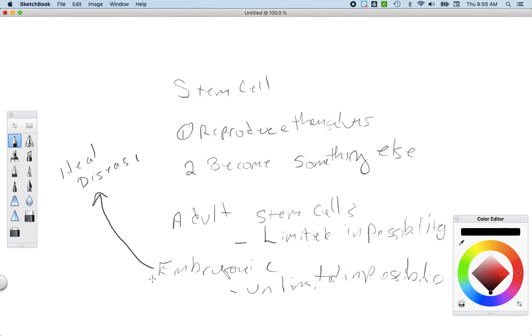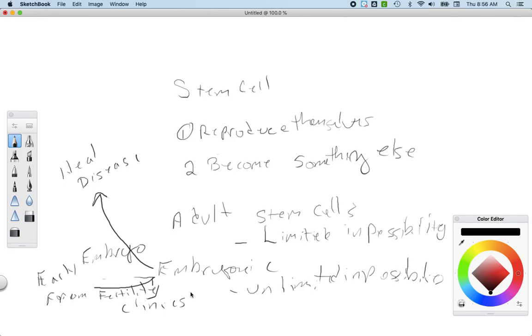But the easiest place to get them from is an early embryo, and most of those come from fertility clinics, because parents want to or have to, in order to have children, have in vitro fertilization occur.